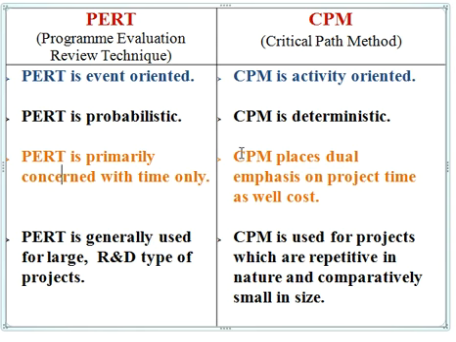CPM is utilized whenever we have past data available. CPM generally focuses on project time as well as cost, so we are trying to optimize both in CPM, while PERT is trying to optimize the time. I hope the difference is clear to all.